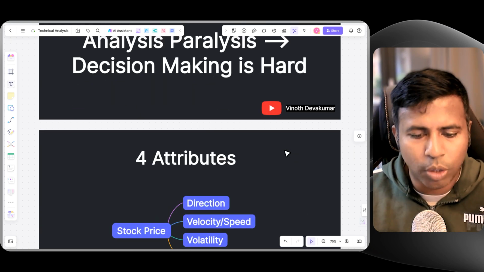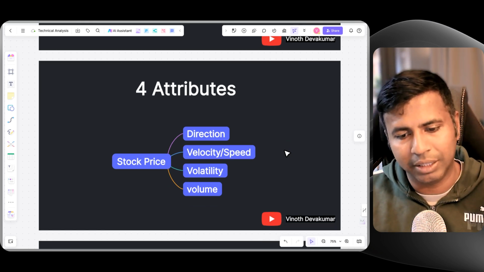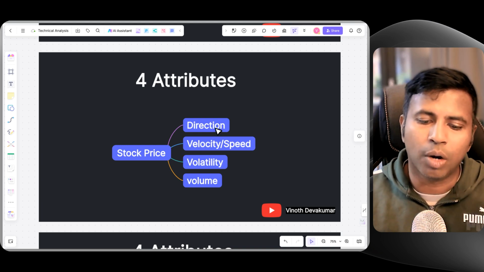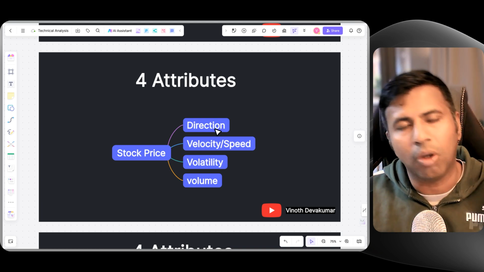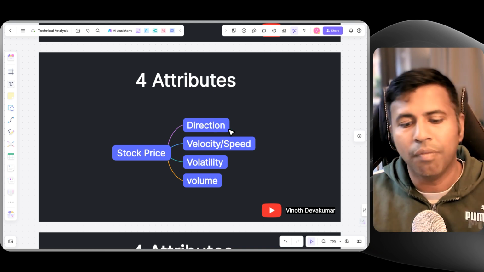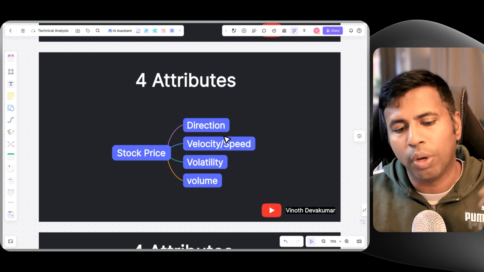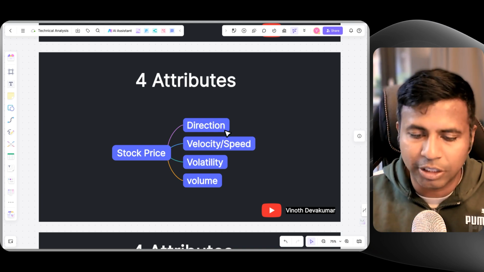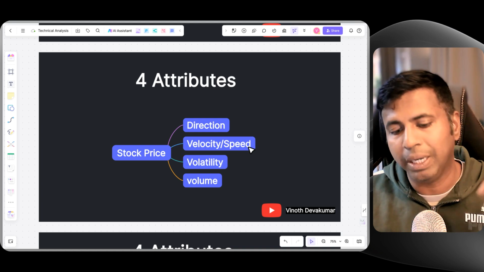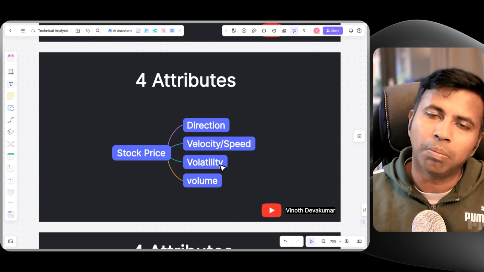So now coming back to the 4 attributes that technical analysis indicators measure. When we take the stock price, there are only 4 things that almost all technical analysis indicators measure; take any indicator, it will be measuring one or two of these. We can measure the direction of the stock price move, or the velocity or speed of the price change, or the volatility.